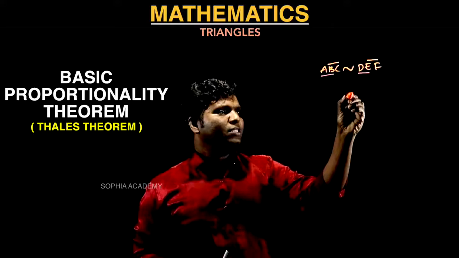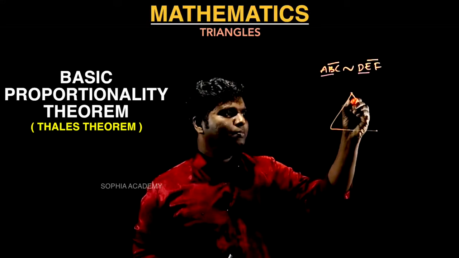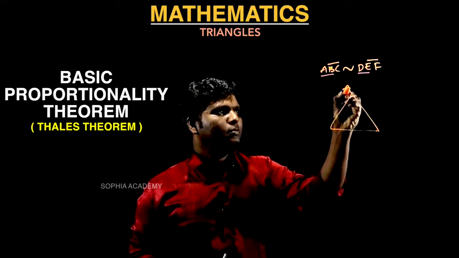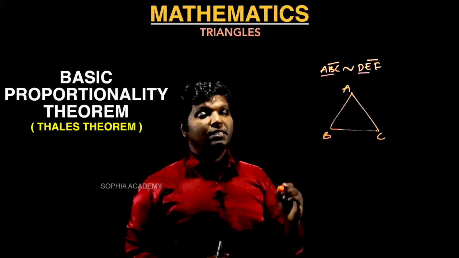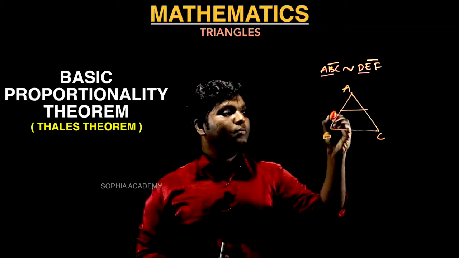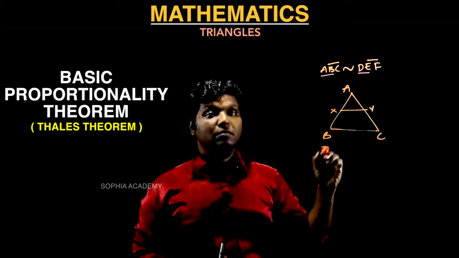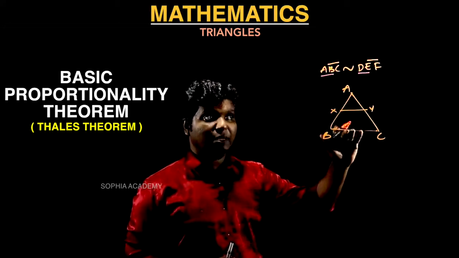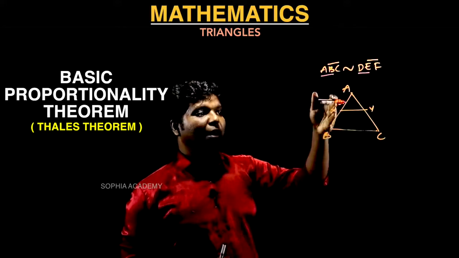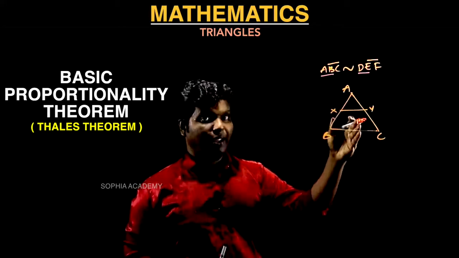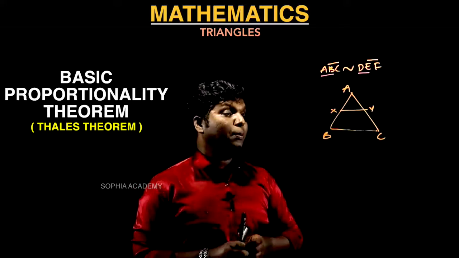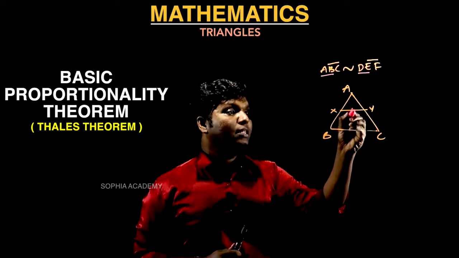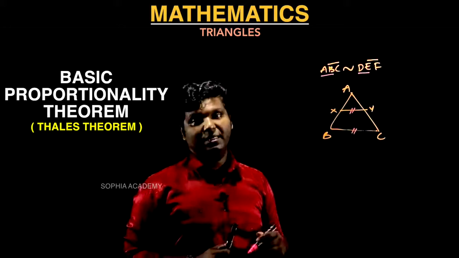See here, if a triangle is given, ABC, just imagine that XY is a line segment which cuts AB at X and AC at Y. And one more thing is very important: the main thing given is that this line is parallel to BC.